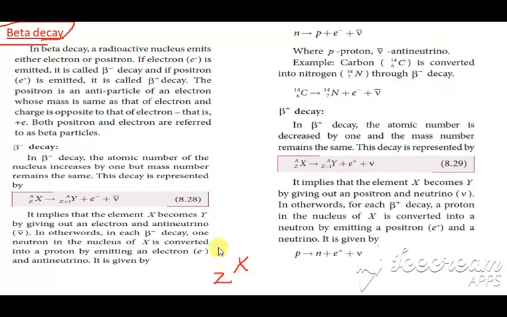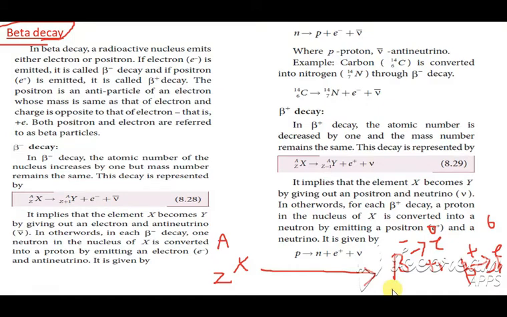Next we have beta decay. Okay, so beta decay is the same way: if you consider the element and take a beta particle outside, beta can be either positive or negative. The negative one is given by e minus 1, 0, and the positive one is given by e plus 1, 0.